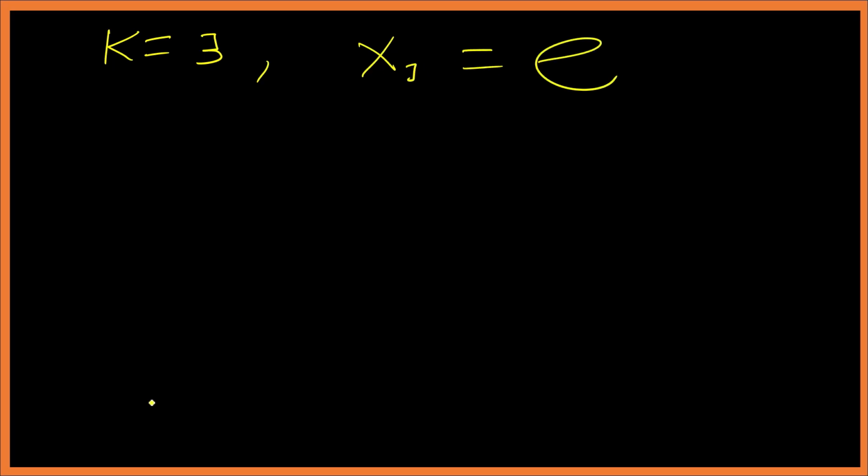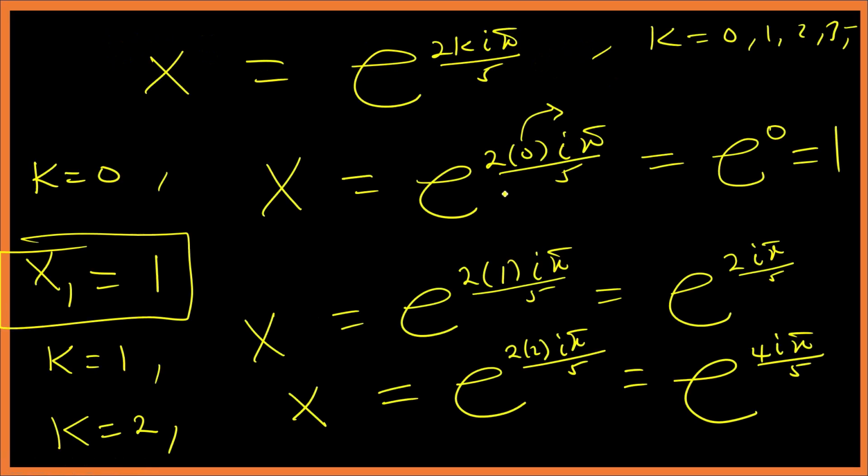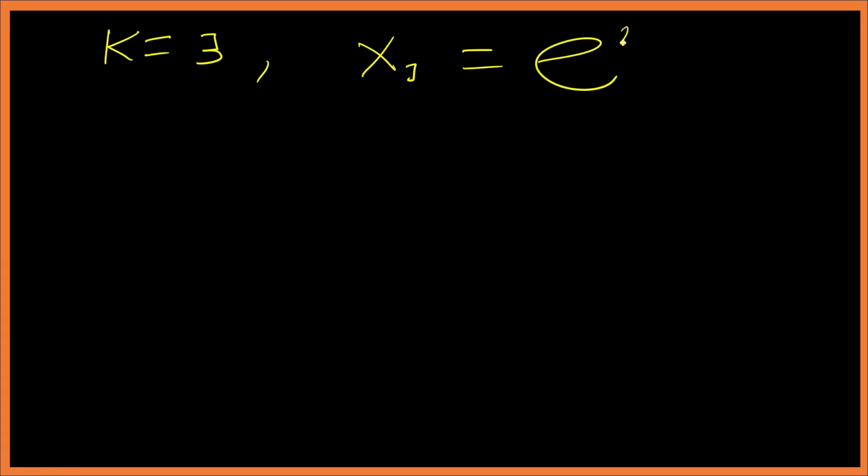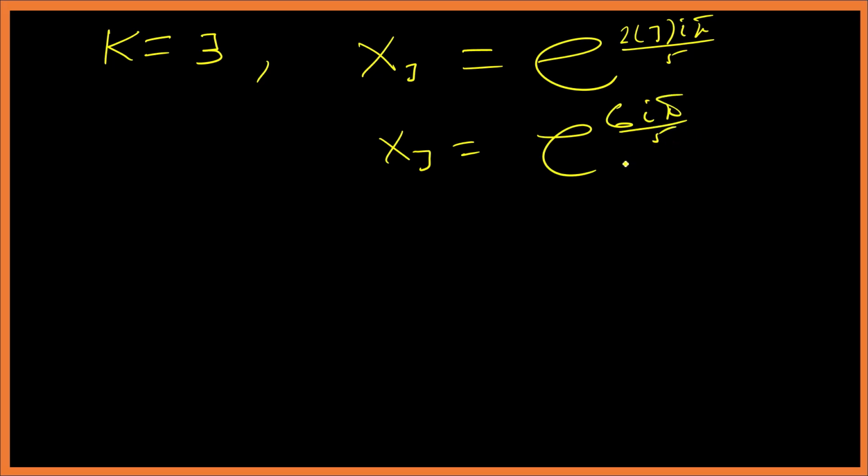When k equals 3, my x3 will be e raised to 2 times 3 i pi on 5, so x4 is e raised to 6 i pi on 5.